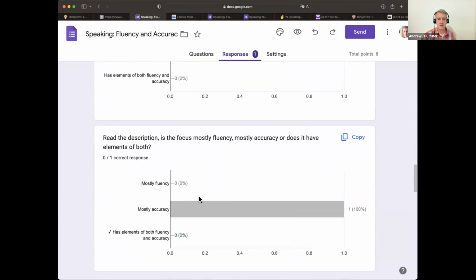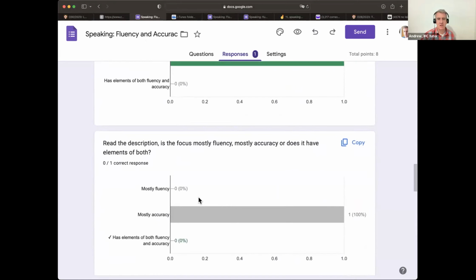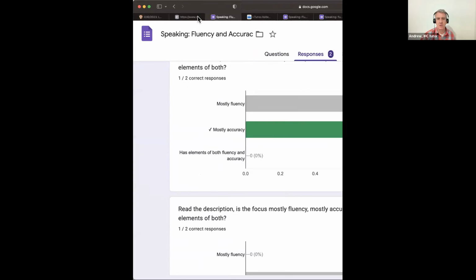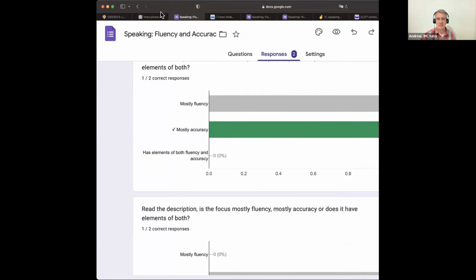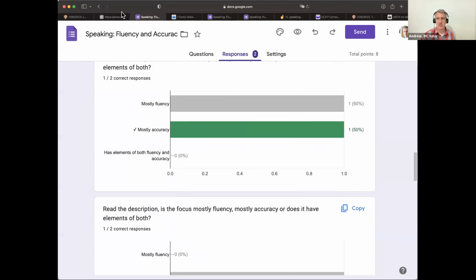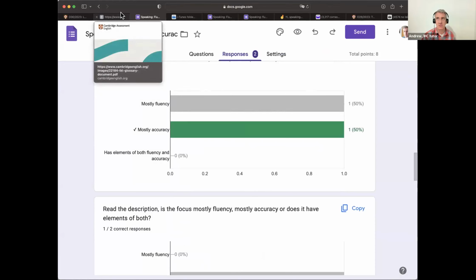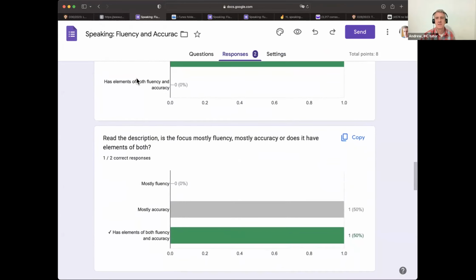Dramatization. The correct answer here is has elements of both. Dramatization, because why? Well, when you're getting students to remember lines that they're going to say as actors in a dramatization, that involves some accuracy.